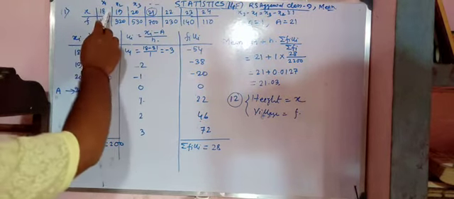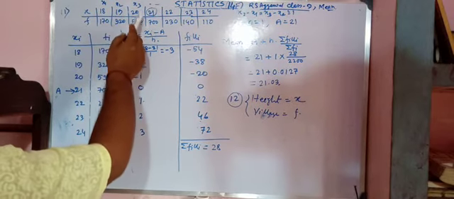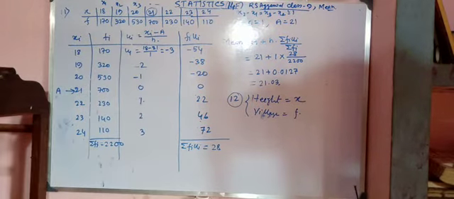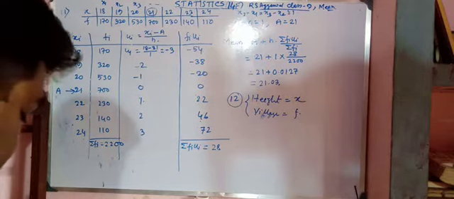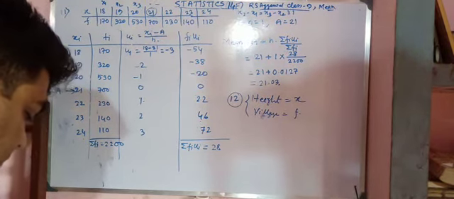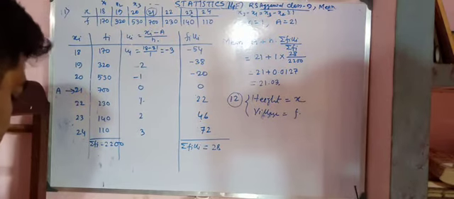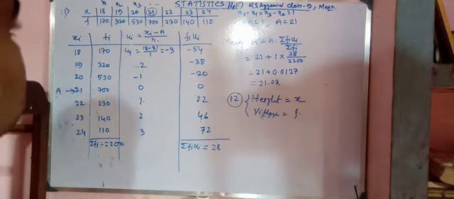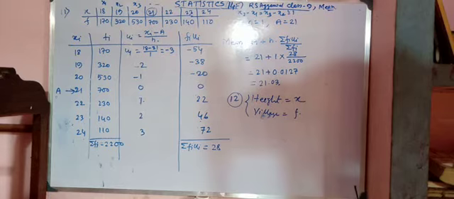X, f: 18, 170; 19, 320; 25, 530; 21, 700; 22, 230; 23, 140; and 24, 110.